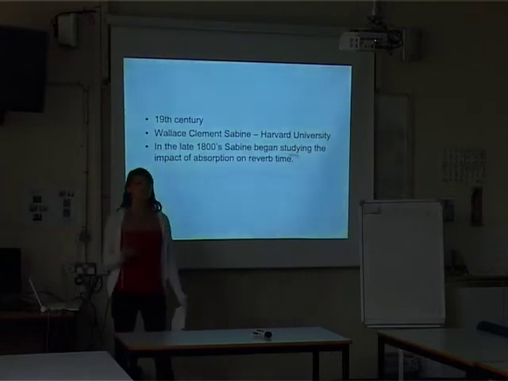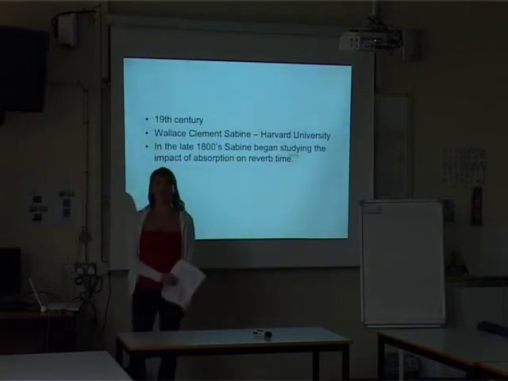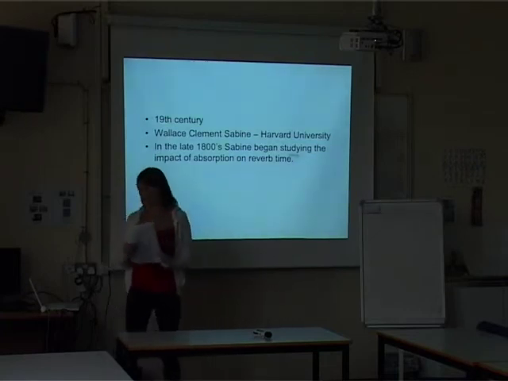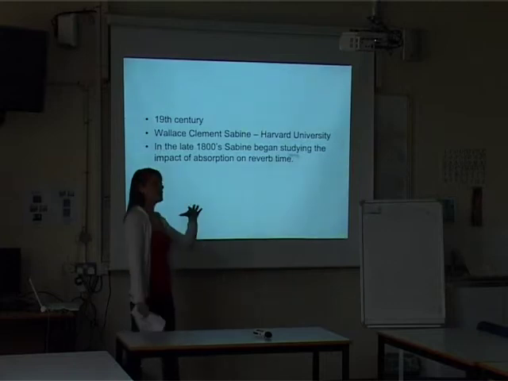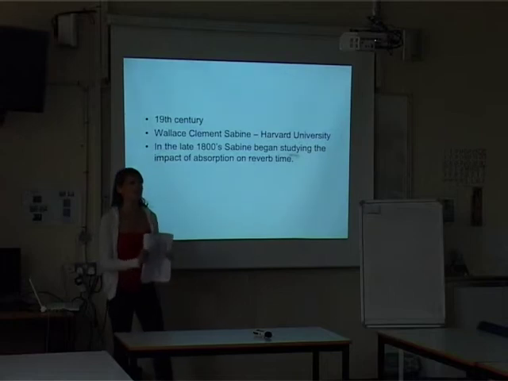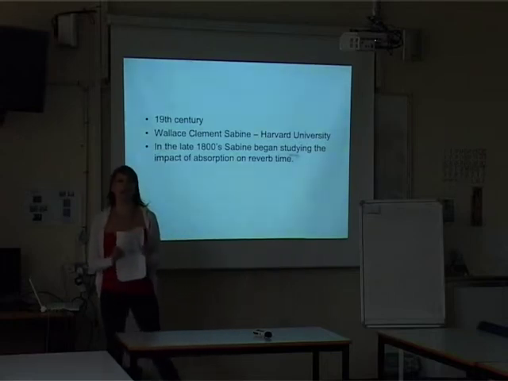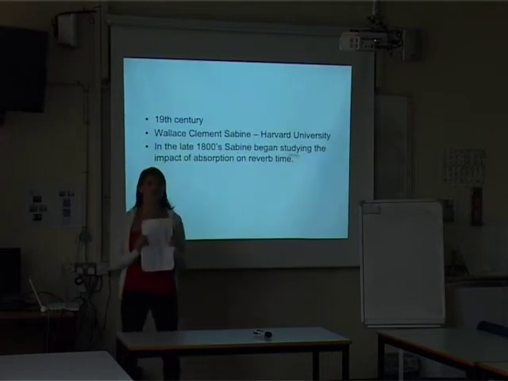The first real study of reverb time and calculating it dates back to the 19th century with Wallace Sabine, when he began measuring the impact of absorption on reverb time. He did this using a portable wind chest, organ pipes and a stopwatch, and he measured the time from interruption of the sound source to complete inaudibility.